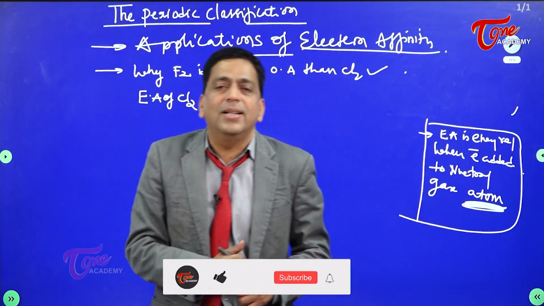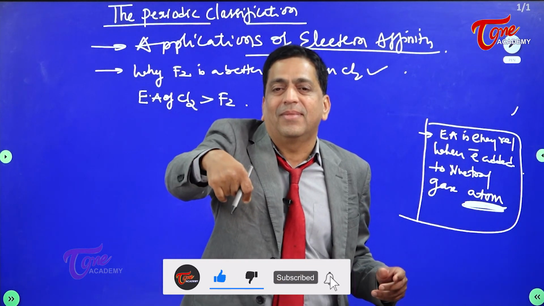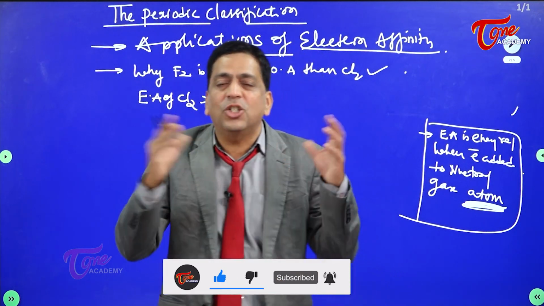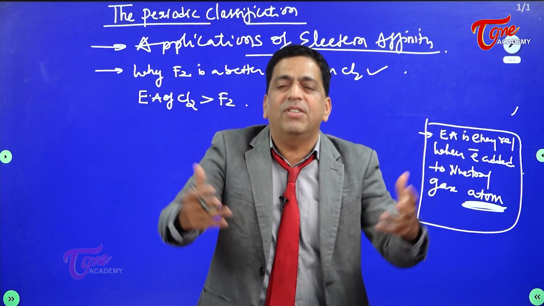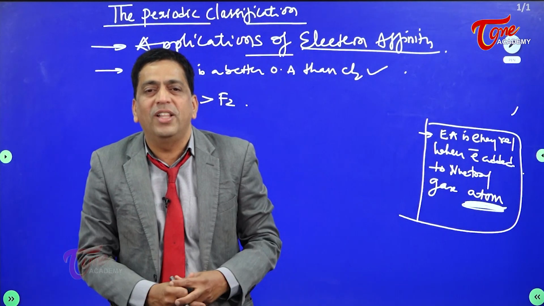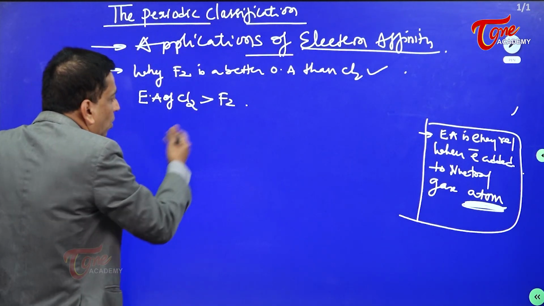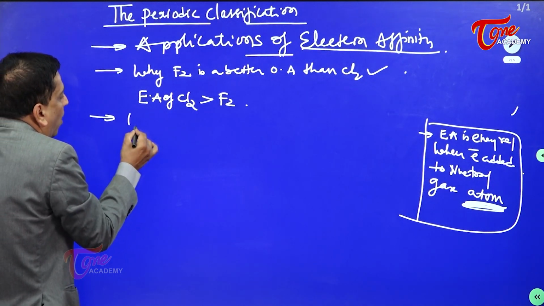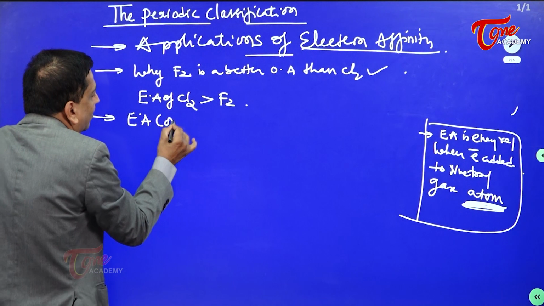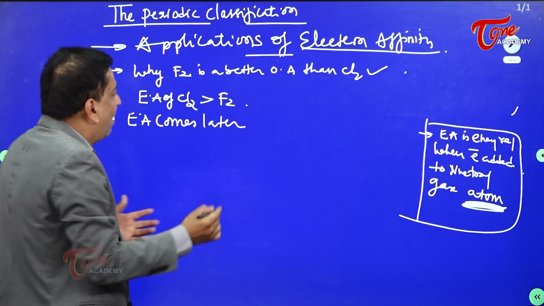So the electron must be added to an atom. Then it catches hold of the added electron and exhibits its love. That love is called electron affinity. That's what is told in the definition. But the issue is, to exhibit love, electron affinity comes later.